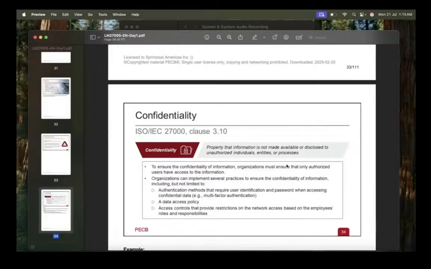Organizations need to ensure that the information is available only to the authorized users. Organizations can implement several practices for that, so that the particular information is secure and available only to those individuals, processes or entities where it is actually required.